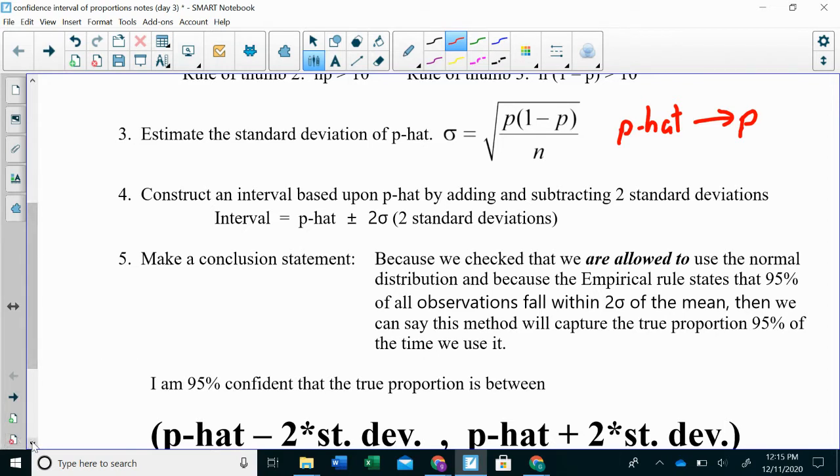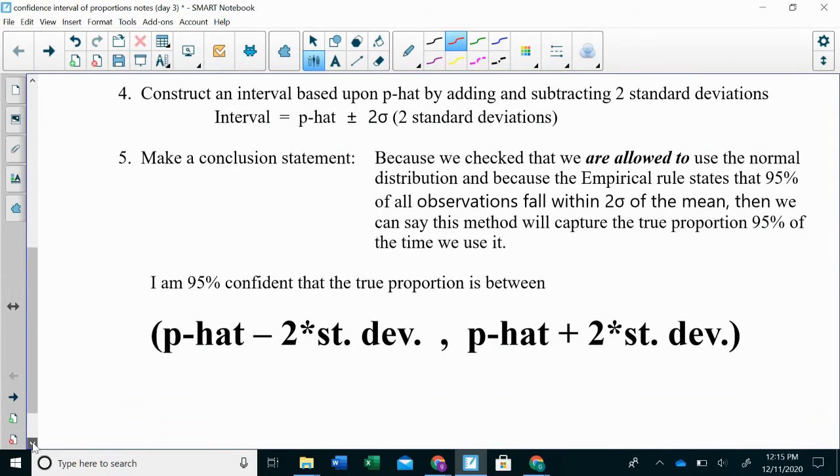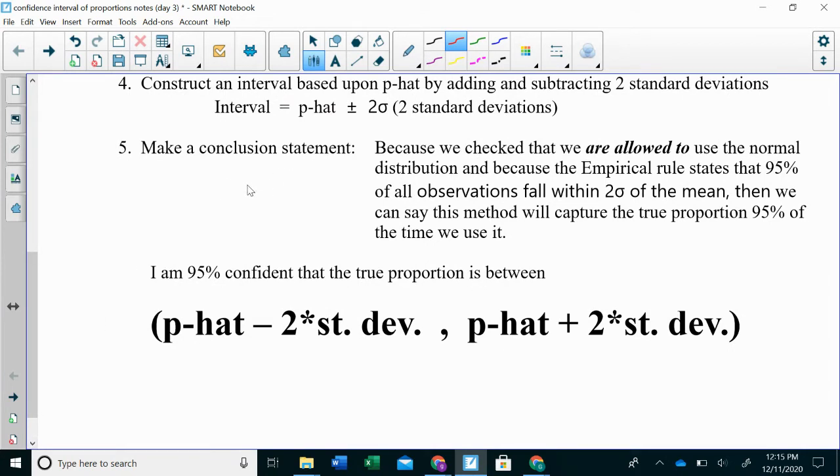That's a fancy little paragraph that boils down to the statement you see in the middle of the screen. The statement that we want to be able to make is, I am 95% confident that the true proportion is between p-hat minus 2 standard deviations and p-hat plus 2 standard deviations.